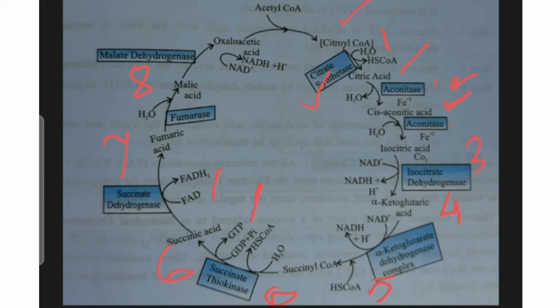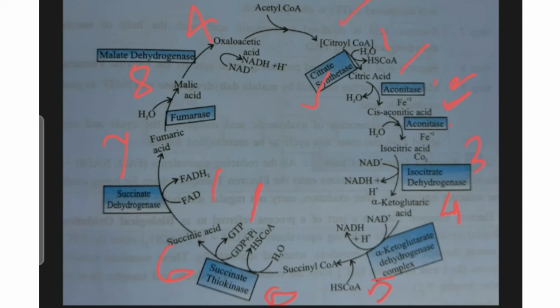Now the final reaction, the 9th reaction. Here the malic acid is further oxidized by malate dehydrogenase and NAD+ to produce oxaloacetic acid, or OAA. Thus the regeneration of oxaloacetic acid completes the cycle.